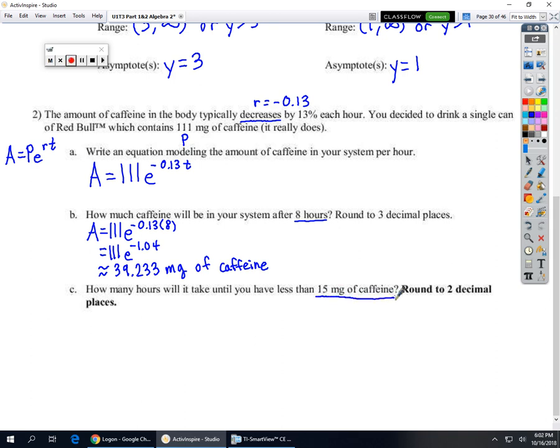So there's a bunch of ways you can approach this. The way that I would approach this is to just estimate and figure out some numbers. So if you want less than 15 milligrams of caffeine, that means I want to know what time I'm going to get to 15 milligrams of caffeine in the body. So I write 15 equals 111 e to the negative 0.13 t. What I'm going to be doing is plugging in a few values for t and seeing if that works.